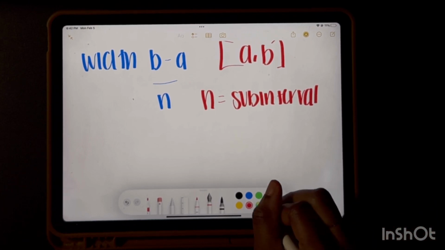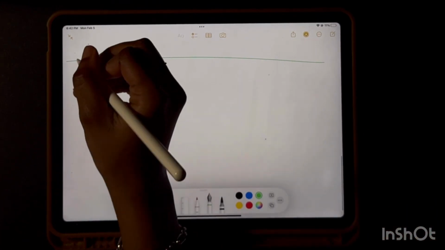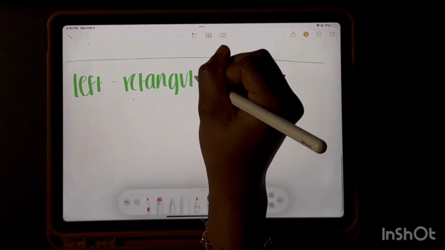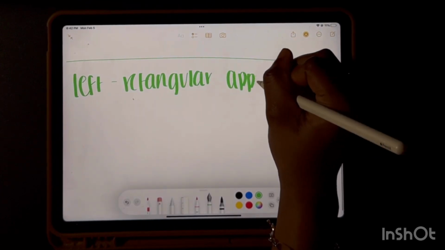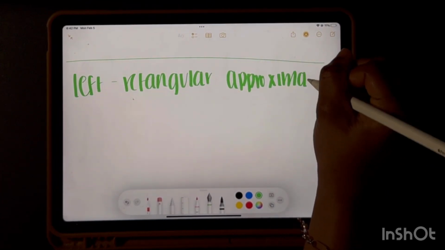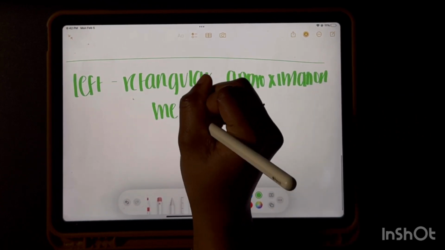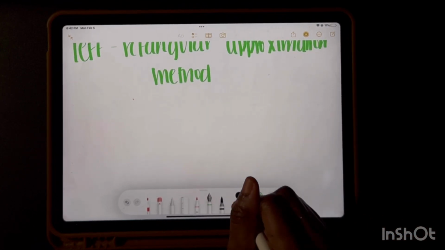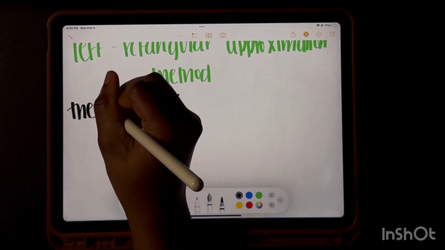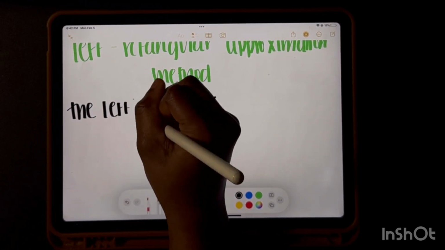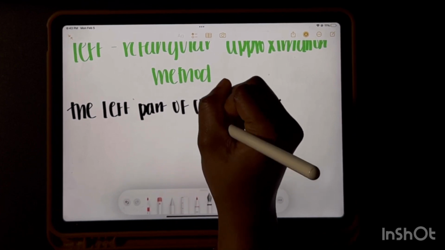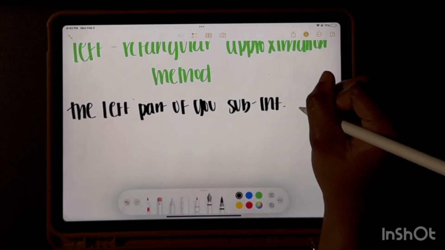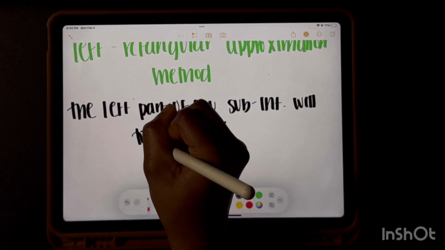Now let's do the left rectangular approximation method. Now, with this method, the left part of your subinterval, I'm going to abbreviate it real quick, will touch the curve.